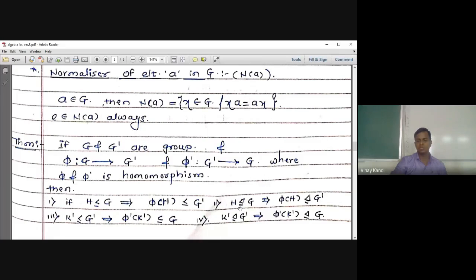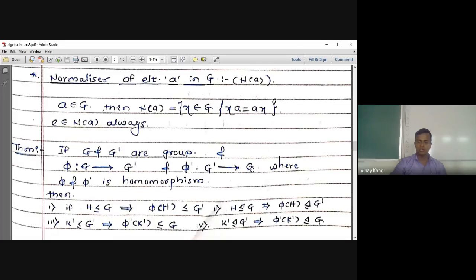If H is normal, then phi of H, the image of H, is also normal in G dash. Okay. And third statement, if K dash is the subgroup of G dash, it implies phi dash of K dash is the subgroup of G. Image कुठे येणार phi dash of K dash G?